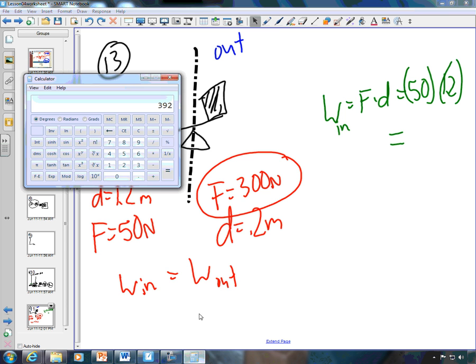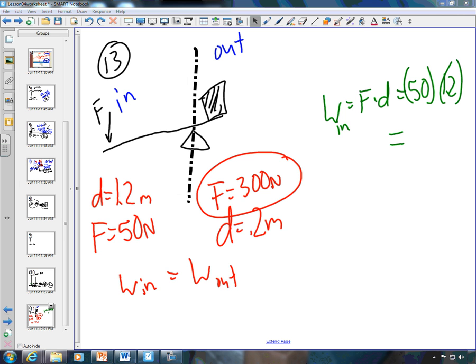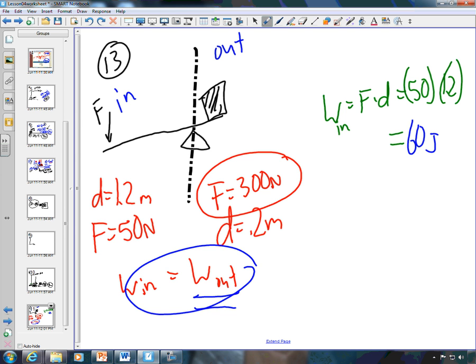Ta-da! As suspected, 60 joules is the work in. If this is an ideal situation, we should get 60 joules of work out.